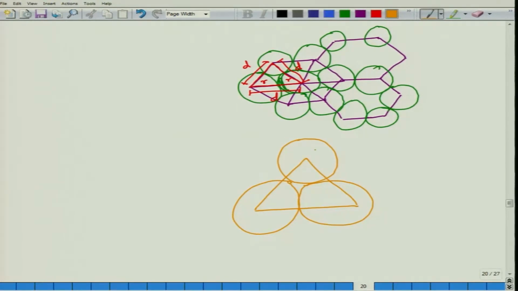Now, if we look at this portion, the angle subtended here is 60 degrees, because it is the angle of an equilateral triangle. If you take a ray and if you make it go all around it, it becomes 360 degrees.